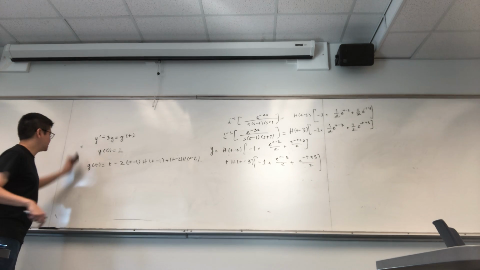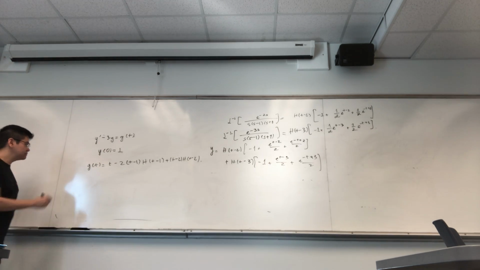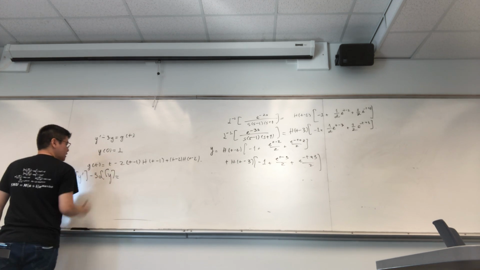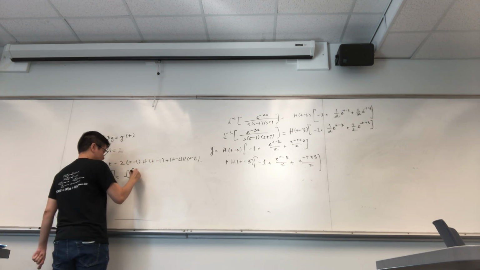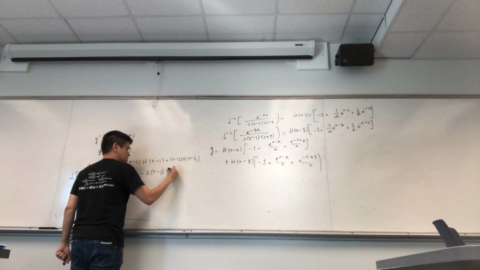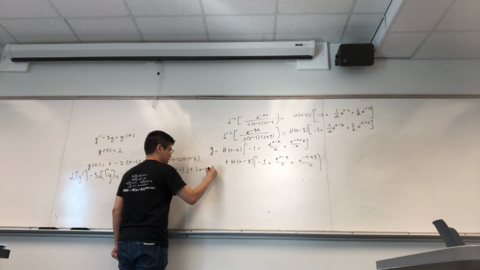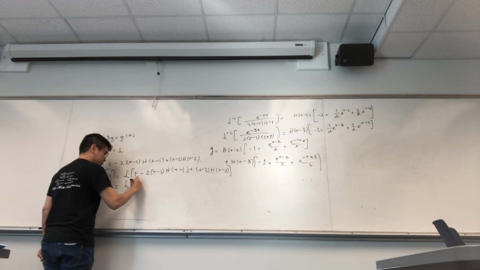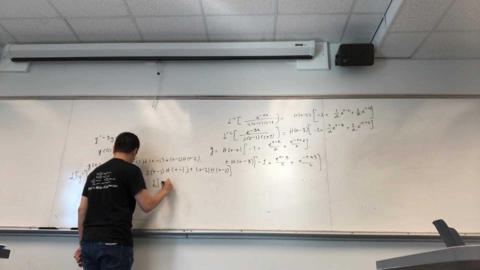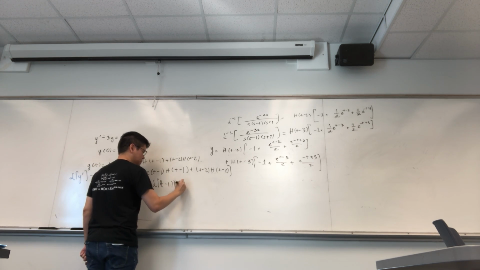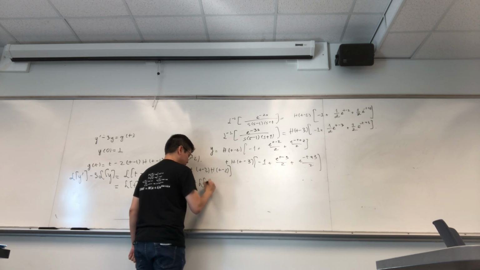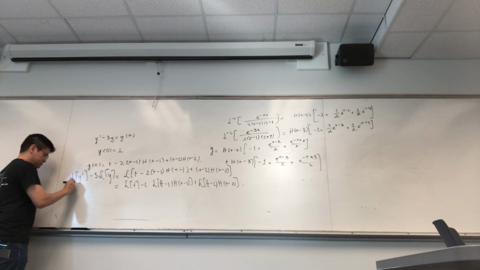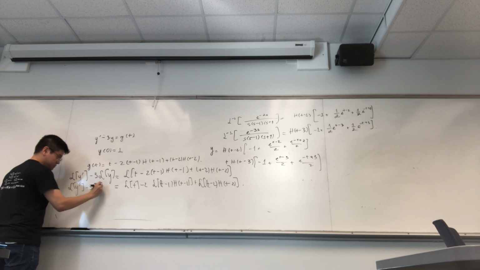So we have the Laplace transform of y prime minus 3 times the Laplace transform of y is equal to the Laplace transform of this whole guy, the Laplace transform of (t minus 2) h(t minus 1) plus the Laplace transform of (t minus 2) h(t minus 2).